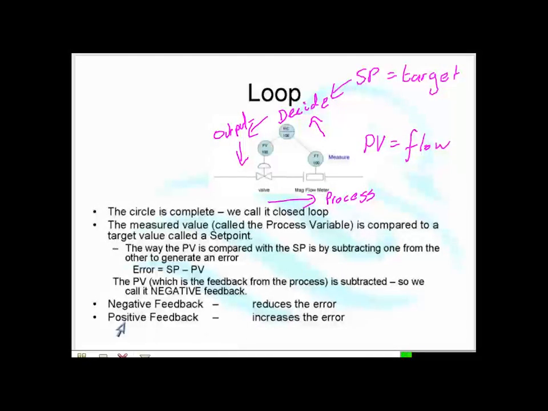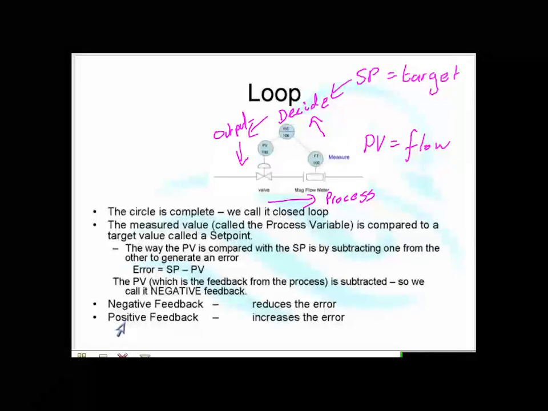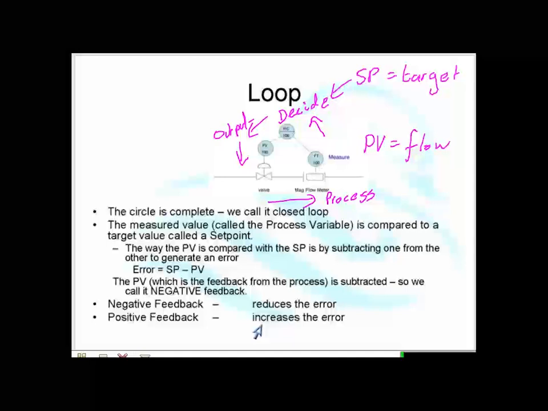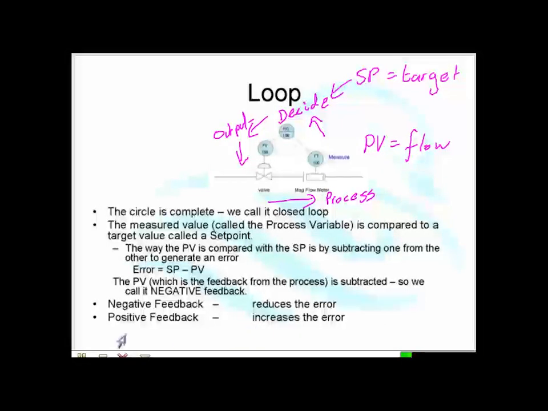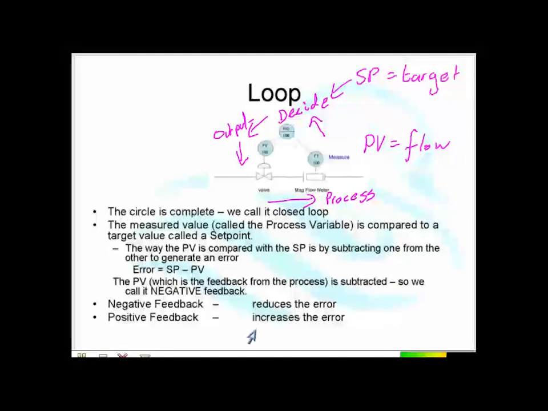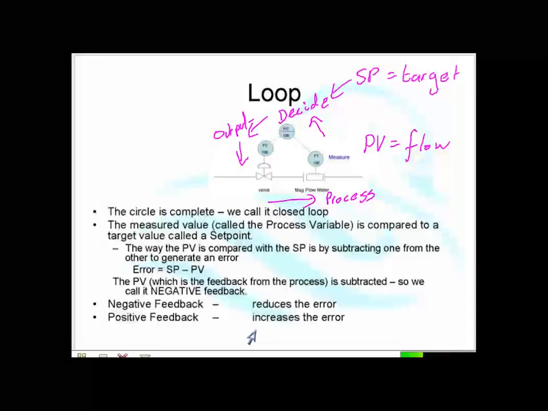If it was positive feedback, it increases the error. So in control systems, negative feedback is a good thing. Negative feedback reduces the error. It brings the process variable closer to the set point. Positive feedback increases the error, and the process variable goes further and further away from the set point.